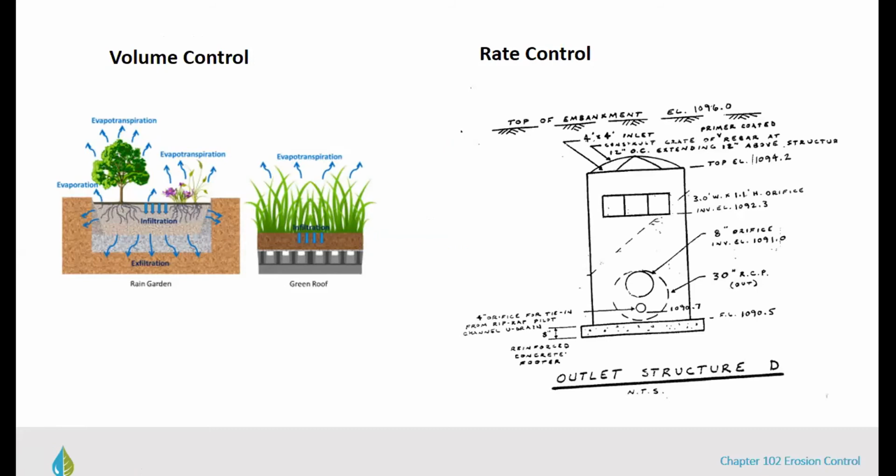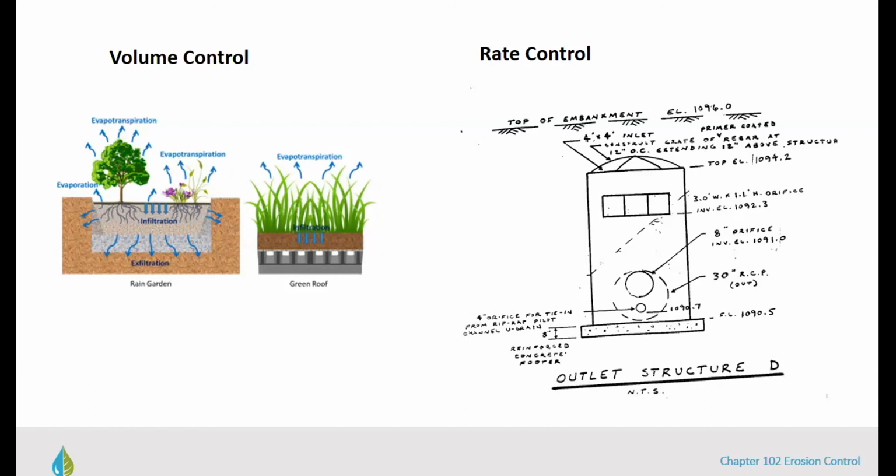This is primarily done through infiltration and evapotranspiration, which includes both evaporation from the land and soil and transfer of water vapor to the atmosphere by plant transpiration. Infiltration basins and rain gardens are common volume control BMPs.